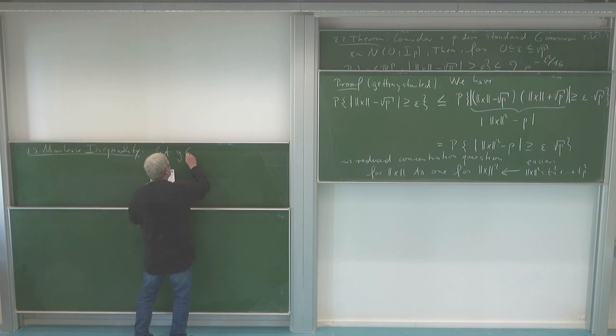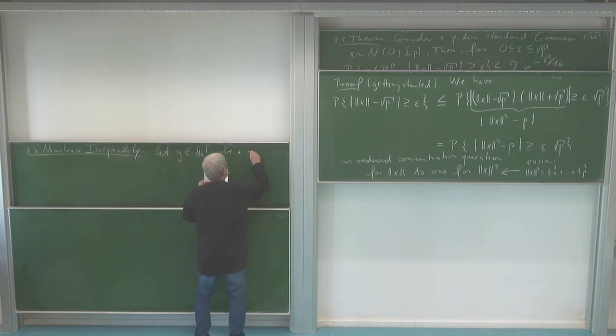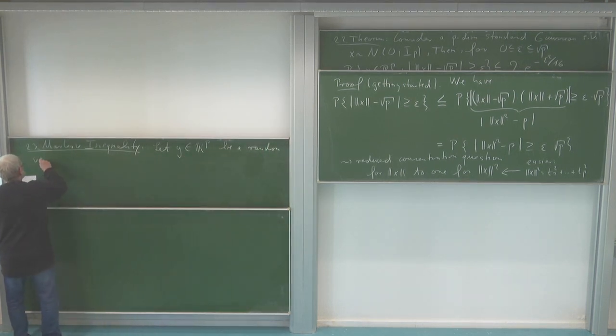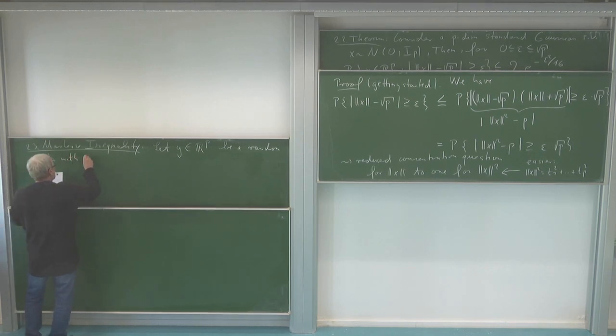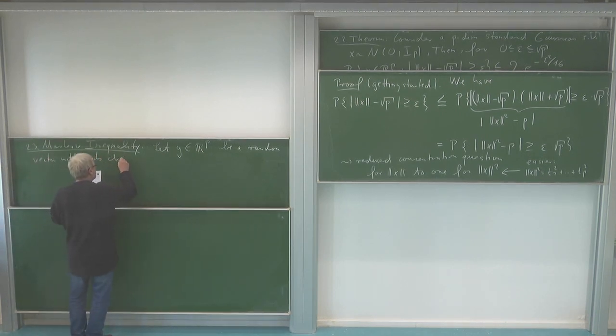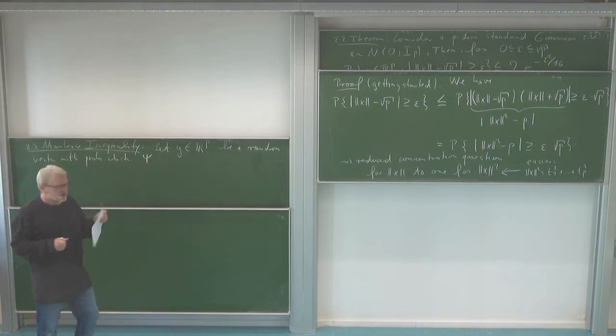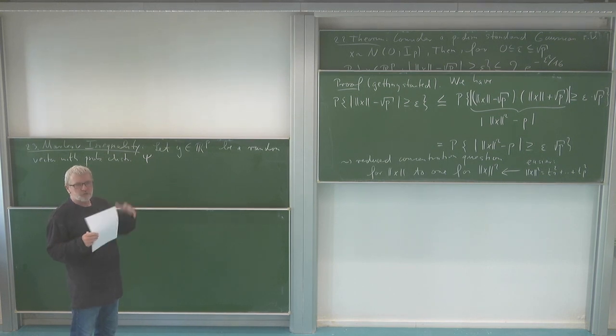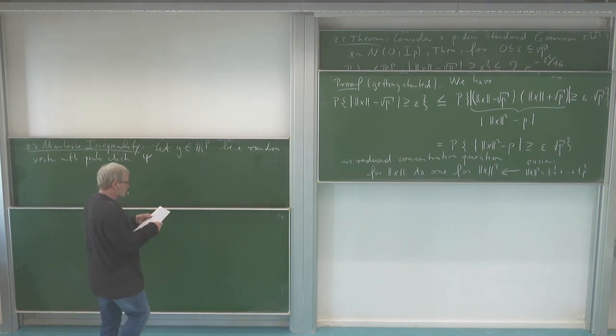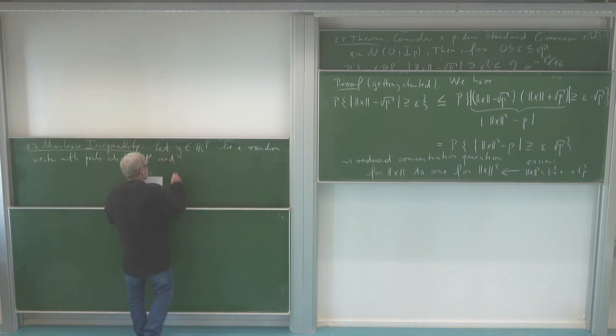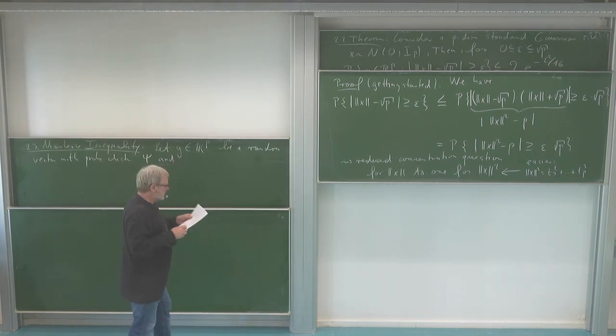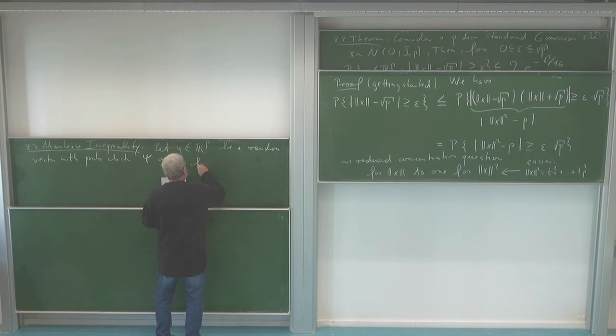So let y be a random vector in R to the p with probability distribution, I still call it psi. It should have an arbitrary probability distribution, but I'm not assuming that the components are independent. And now I want to look at a function of this vector. Let me call this f. So f is a function from R to the p.